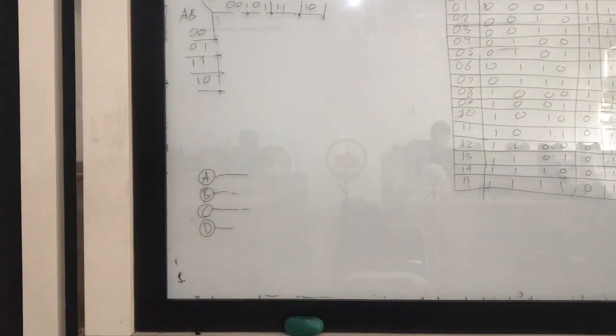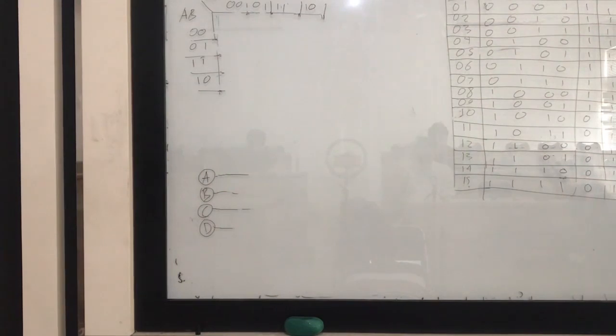A B C. A B D. A C. A not B. Yang mana nih? A not C D merah, hijau, biru, ungu.